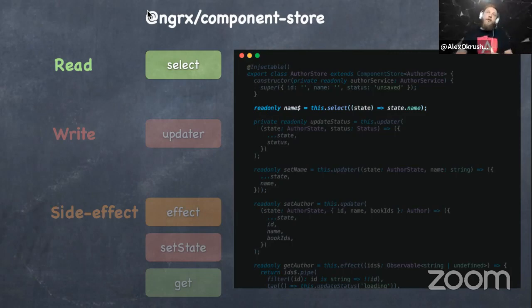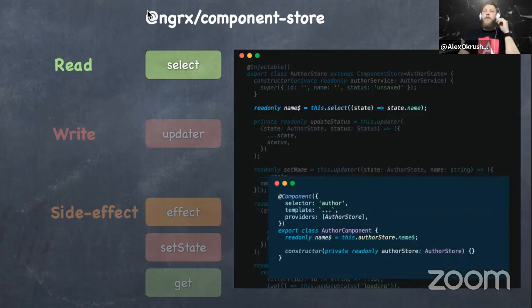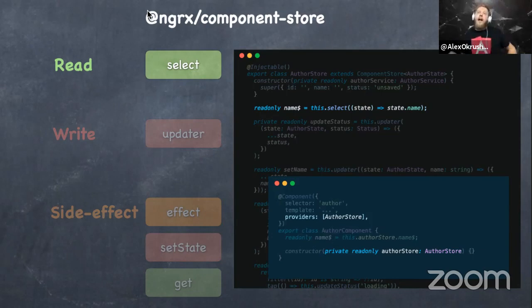So how would we use it in a component? As you can see, select specifies how, not when. And in the component itself, right, we'll provide this author store in the providers of the component, and then inject it in the constructor as well. What that means is that this author store is now tied to this component.